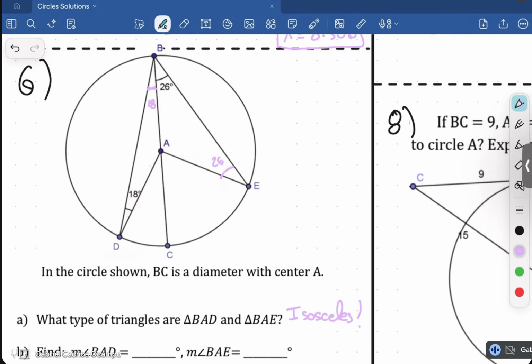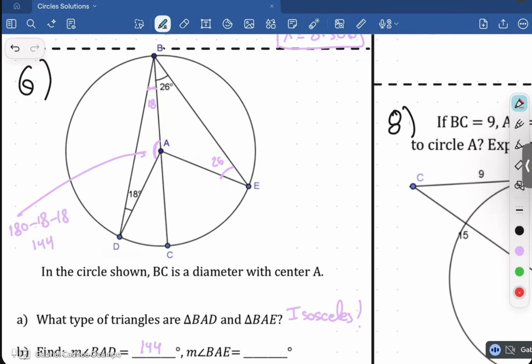Well, I know that inside of a triangle, angles add up to 180, so this angle in here is going to be 180 minus 18 minus 18, which is 144. So this one is 144.